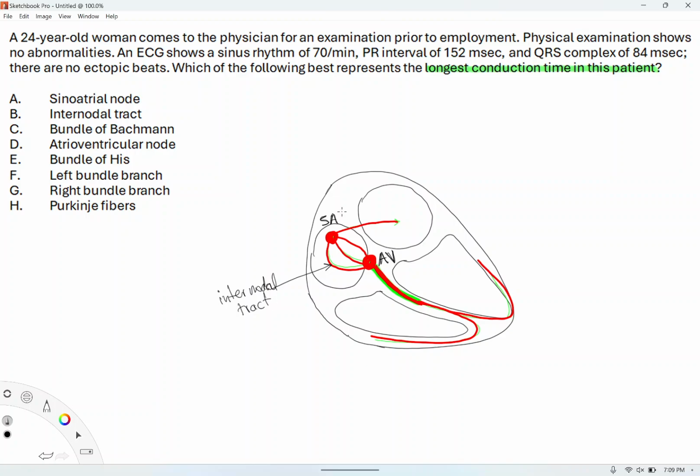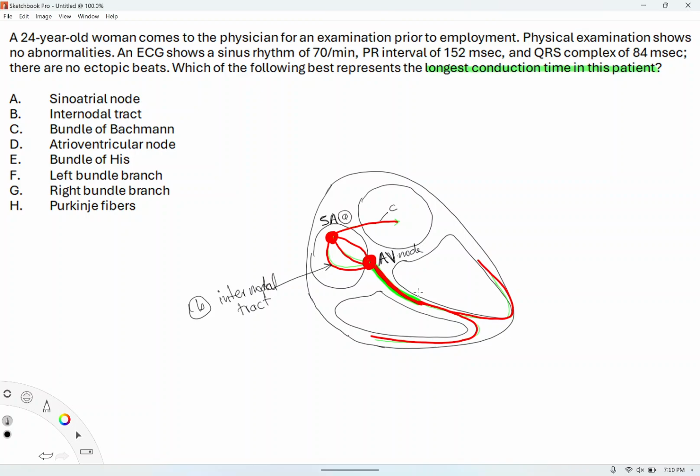Okay, so in our choices, SA node is A, and internodal tract is B. Let's label this B. Bundle of Bachmann is C, which is this one. And then we have the AV node, which is D, right here.